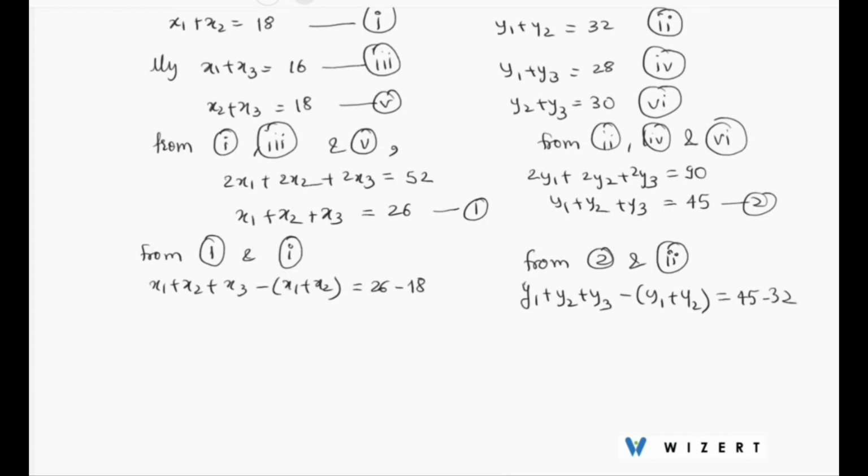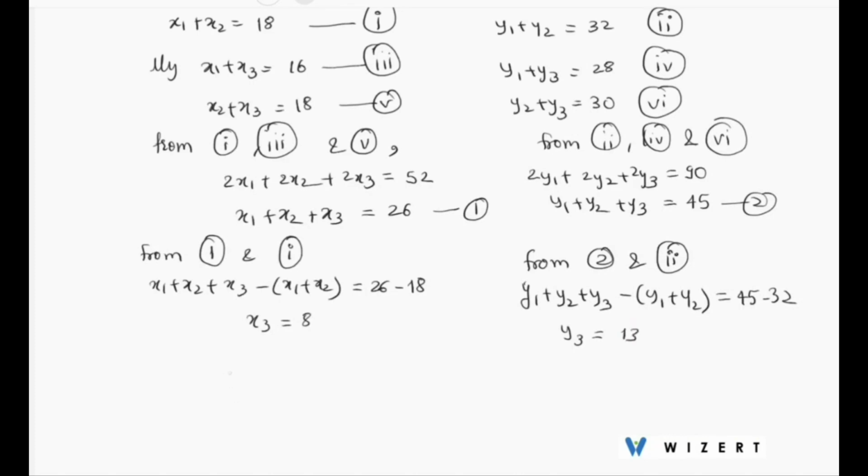So x1 and x2 cancel out here. So we have x3 equal to 26 minus 18, which is 8, and y1 and y2 cancel out, so we get y3 equal to 45 minus 32, which is 13.